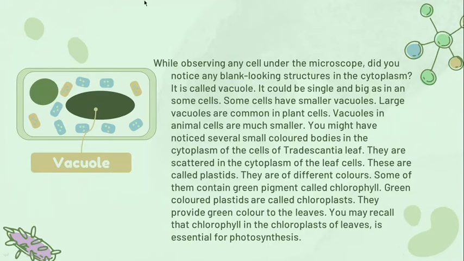This is a plant cell. Why is it in the corner of the plant cell? We can learn why in this subtopic, the vacuole. This bigger part, which is blank looking, is a vacuole.